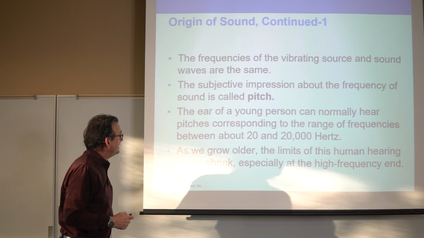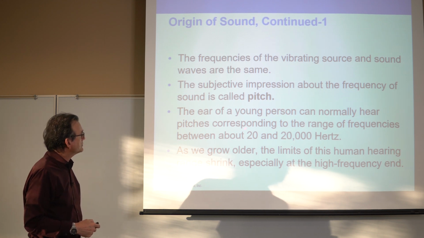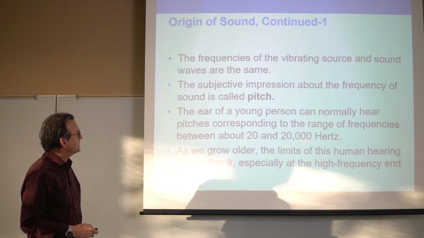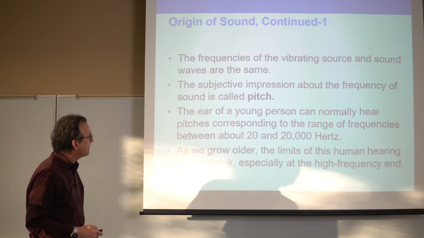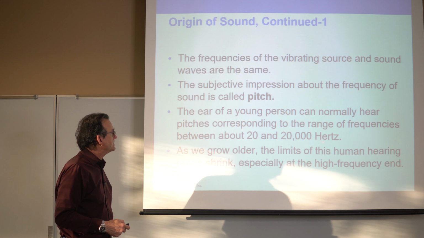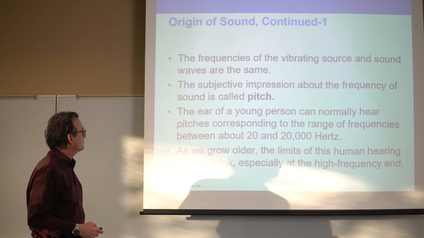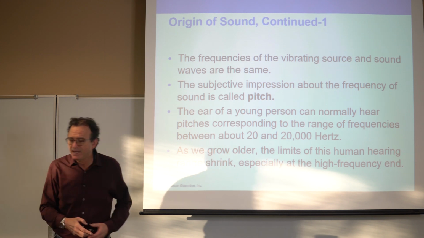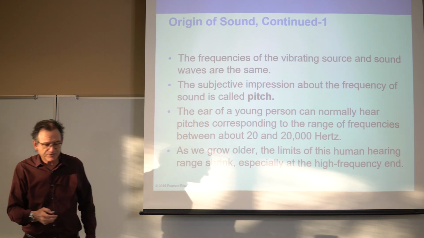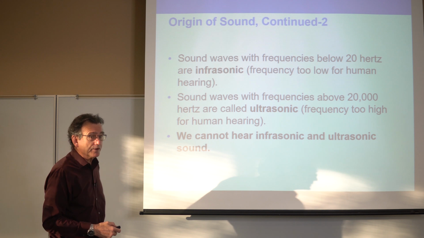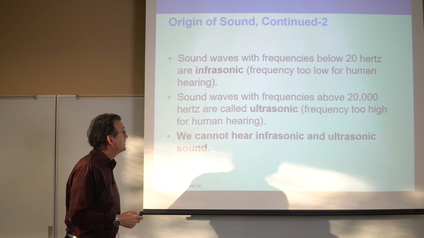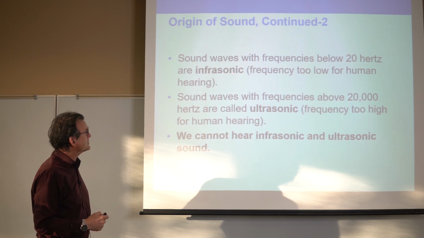Now, the ear of a young person can normally hear pitches in the range of 20 to 20,000 cycles or compressions per second. And as we grow older, then the limits of human hearing shrink, especially at the high frequency end. Sound waves with frequencies below 20 hertz are called infrasonic.